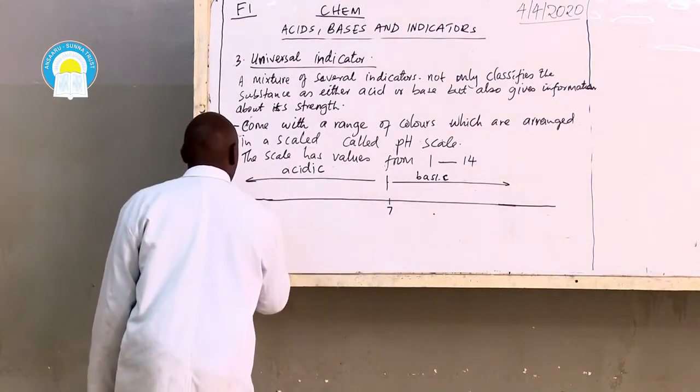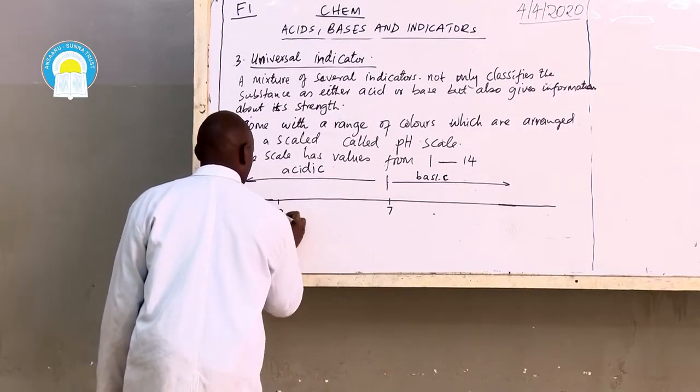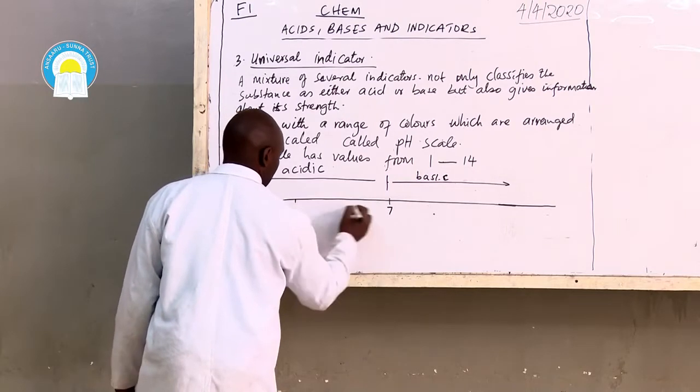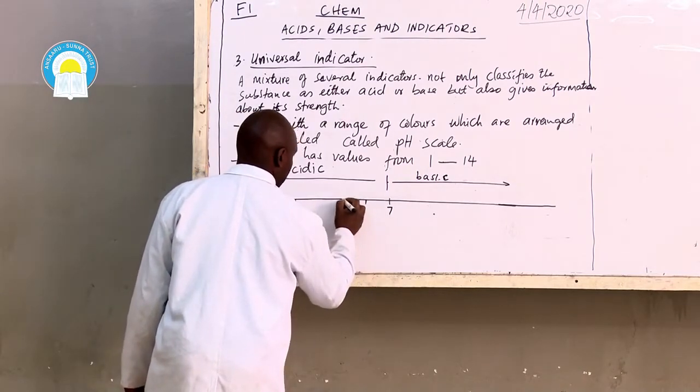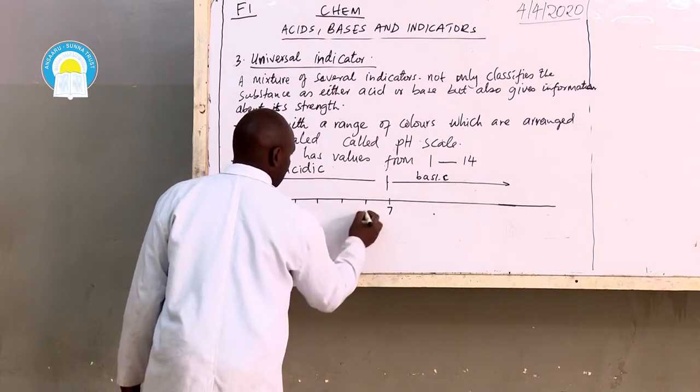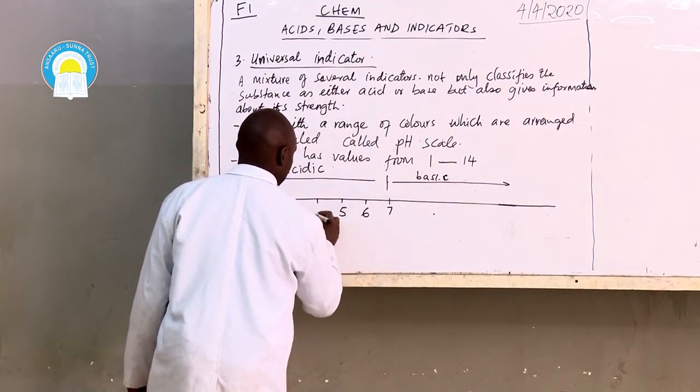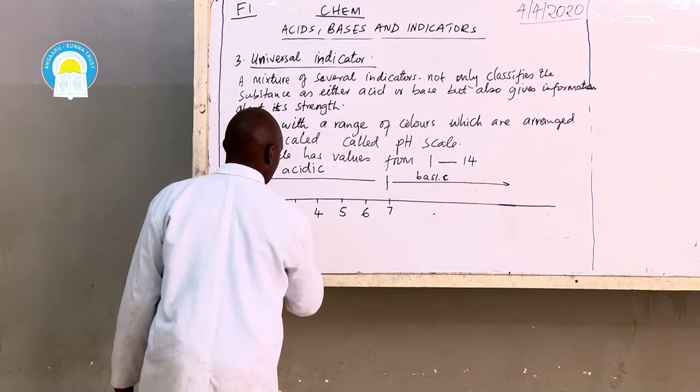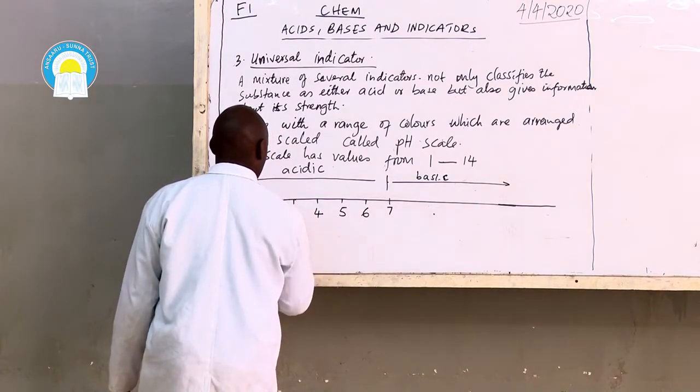So we have 1, 2, 3. Let me make this scale: 6, 5, 4, 3, 2, 1.